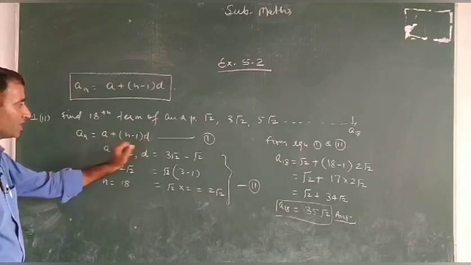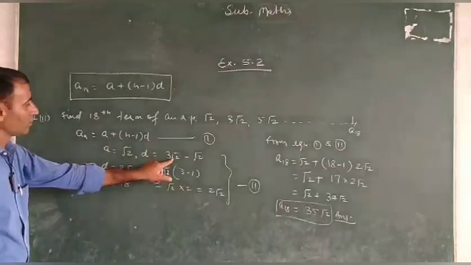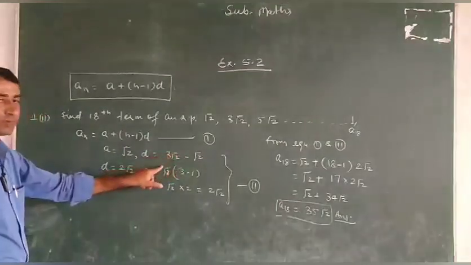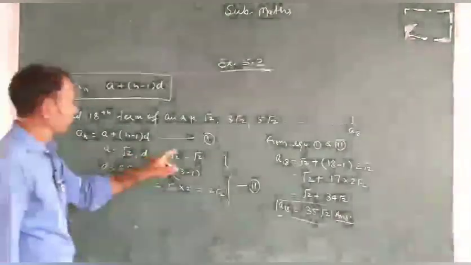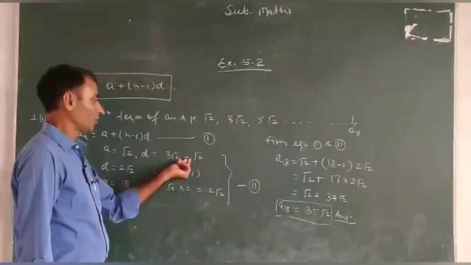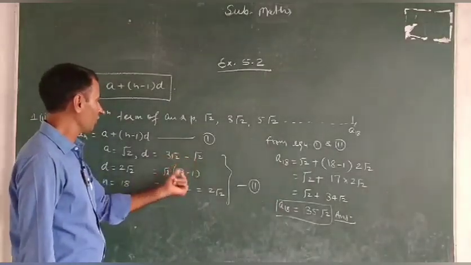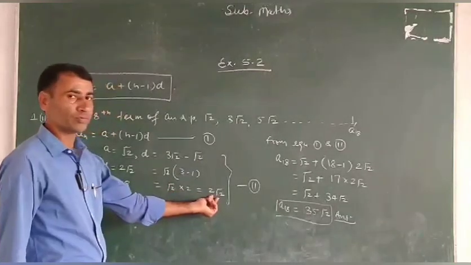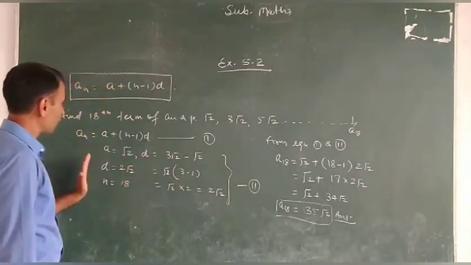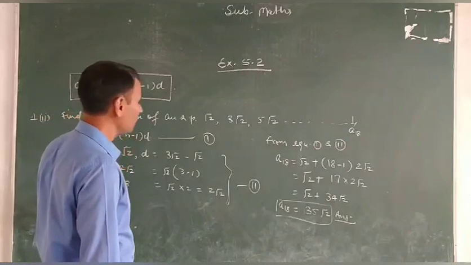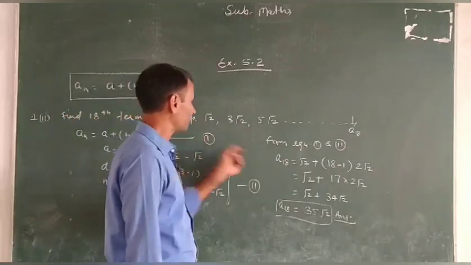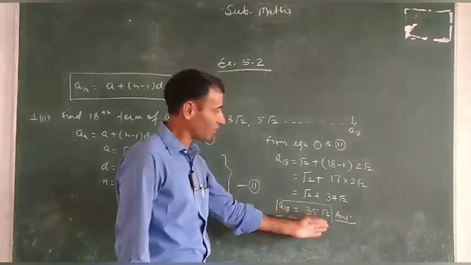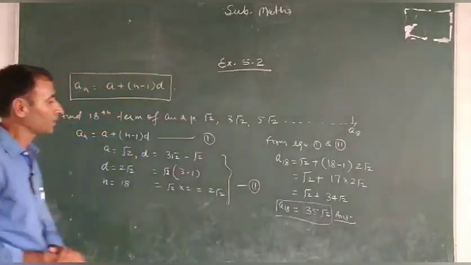To find the value of D, we subtract the first term from the second term. The second term is 3 root 2 and the first term is root 2. By subtracting this, we got 2 root 2. By putting the values of A, D and N in the first equation, we got 35 root 2, and that's the required answer.